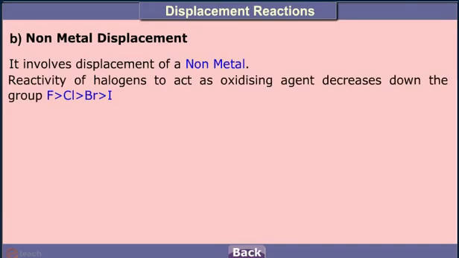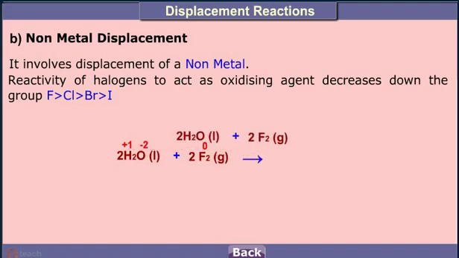Non-metal displacement. It involves displacement of a non-metal. Reactivity of halogens to act as oxidizing agent decreases down the group: F greater than Cl greater than Br greater than I. 2H2O liquid and 2F2 gas gives 4HF aqueous and O2 gas.